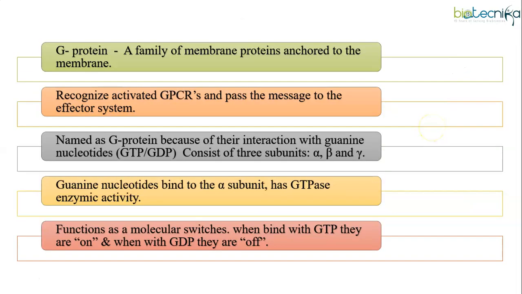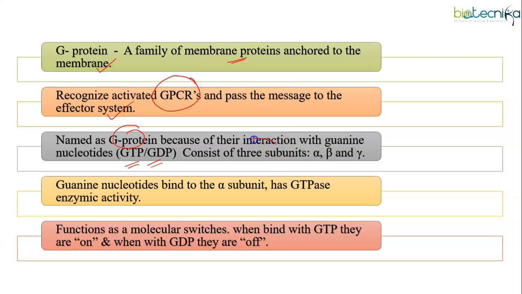Next, G protein is a family of membrane proteins that are anchored to the membrane. They recognize activated GPCR and pass their message to the effector system. It is named G protein because of its interaction with GTP as well as GDP.